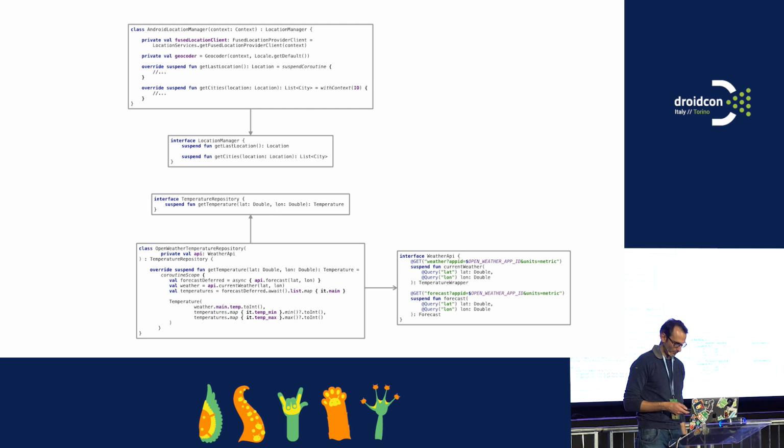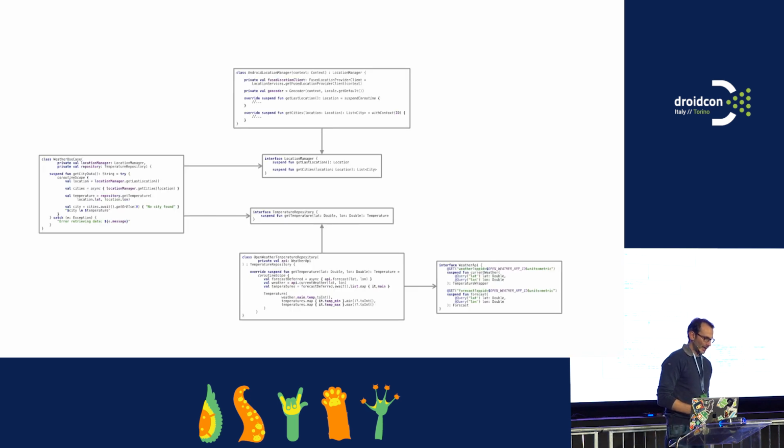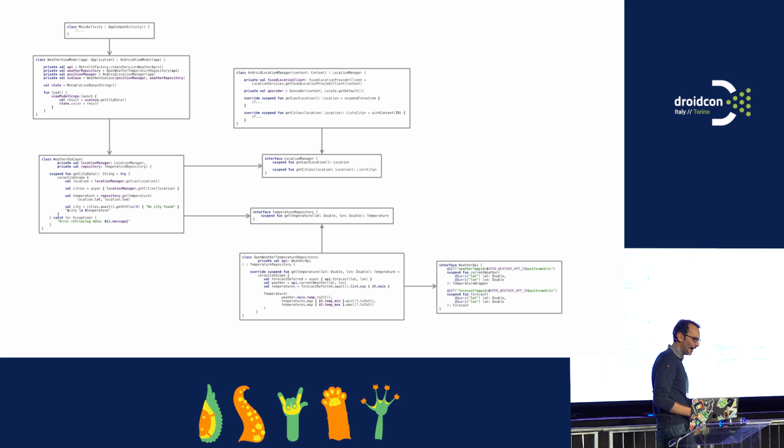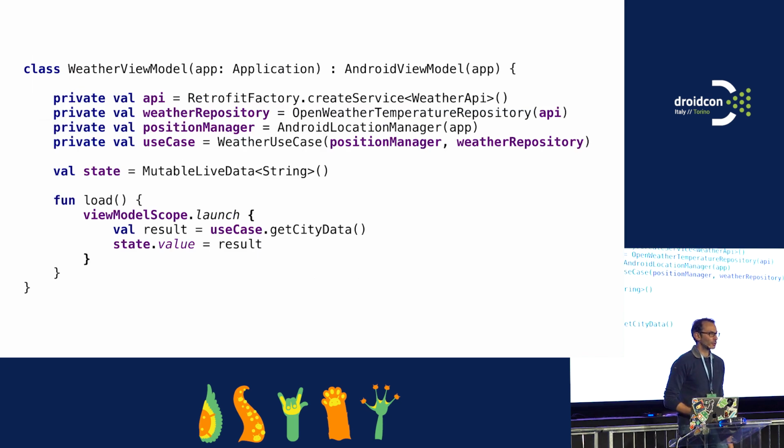Okay, let's go. This is just the big picture. We have the use case that uses two interfaces, two collaborators, and then there are the implementations. The use case is used by a view model. So we have our view model that creates all the dependencies and invokes, using a view model scope, the method to retrieve the string to show in the UI.